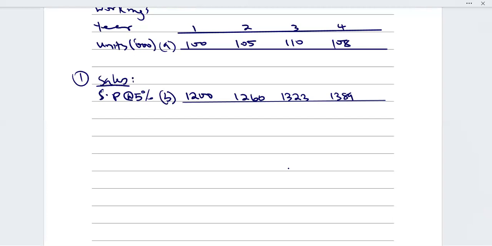So say this is B, then sales, total sales, figures in thousands. So A times B, multiply. What do you have? 100 multiplied by 1,200. That's 120,000. 105 multiplied by 1260 equals 132,300.